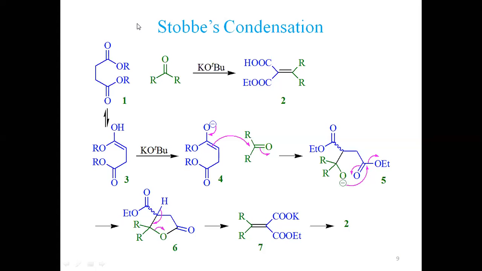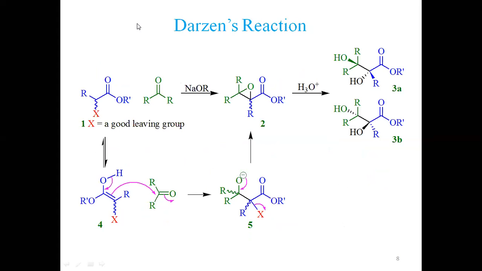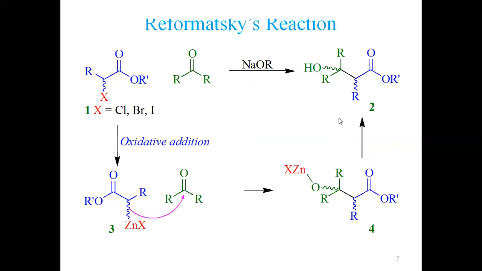So yesterday you came across two different types of electrophilic substitution reactions. One was the Reformatsky reaction, which involves not an enolate but an organometallic in which carbon is bonded with zinc.